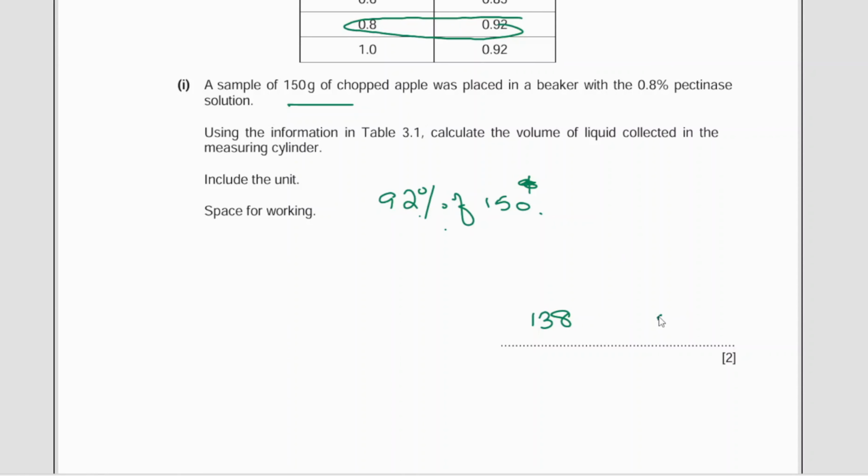It is 138. And the unit should be cubic centimeter, because it's a liquid.